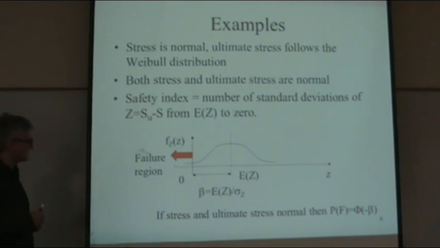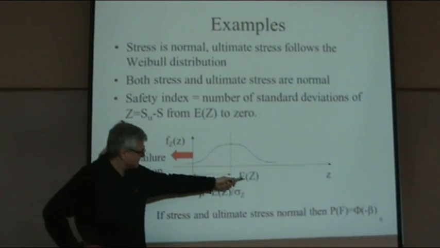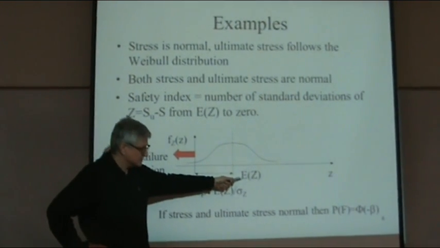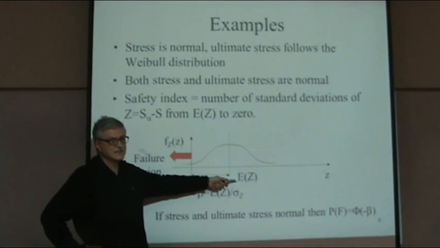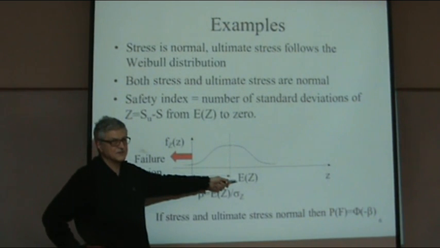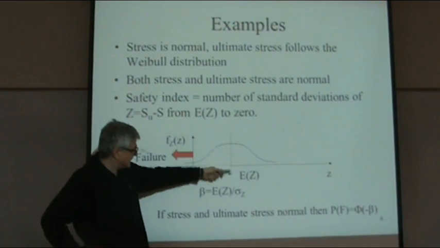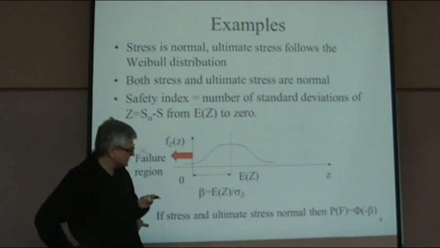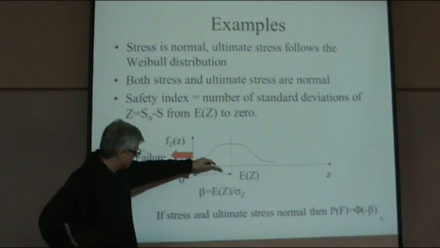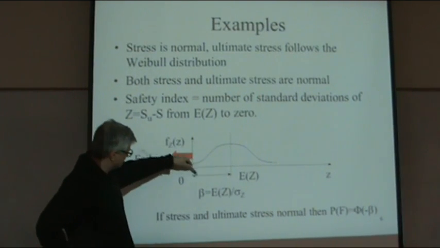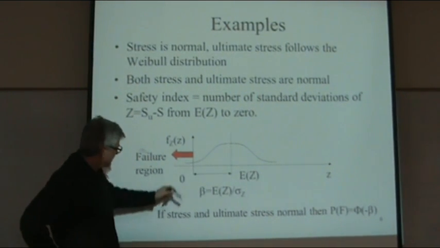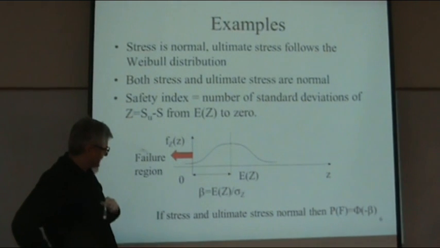Okay, so this is the mean value of the difference. And remember, we don't want the difference to be negative because you will have failure. Because the difference of the two is random, it can assume values in this range or in this range. Now, if you fall below zero, you have failure.